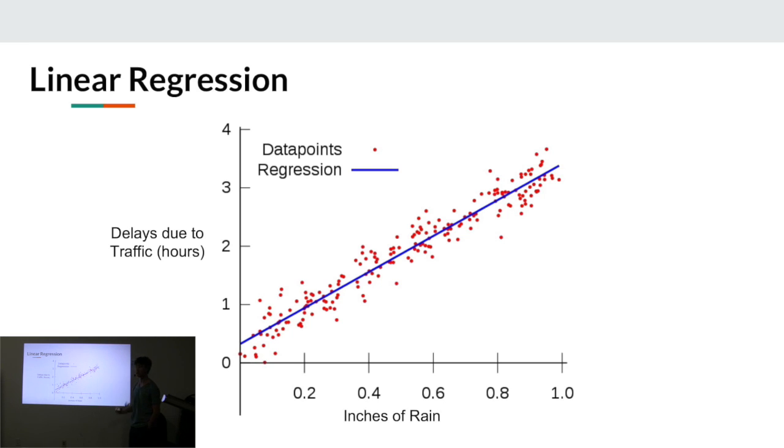And so then the task is that given these red data points, we're trying to find a way to predict how many hours of delays of traffic we will get. And so that's what this blue line represents. The blue line is our linear model's set of predictions. And what this means is that if we have 0.4 inches of rain, then the model will predict about 1.5 hours of delays due to traffic.